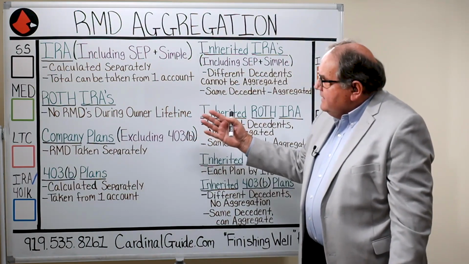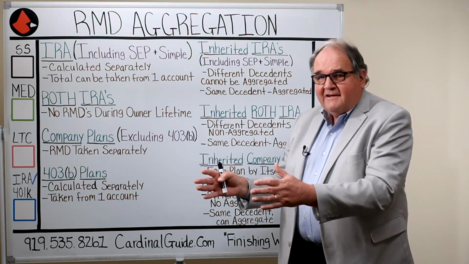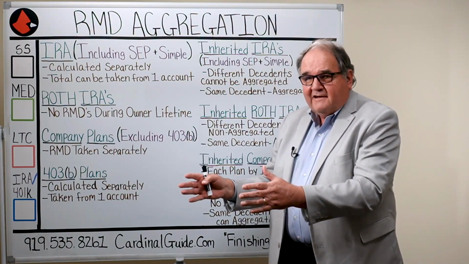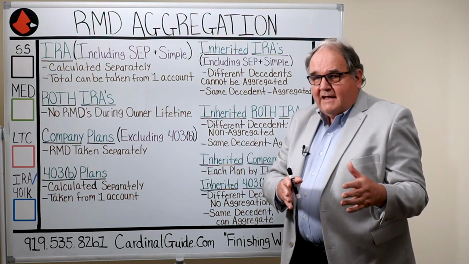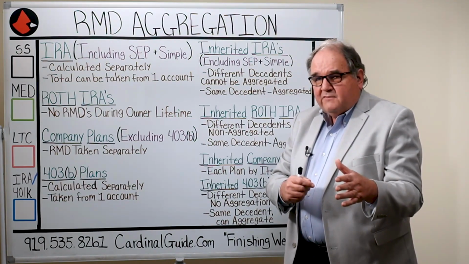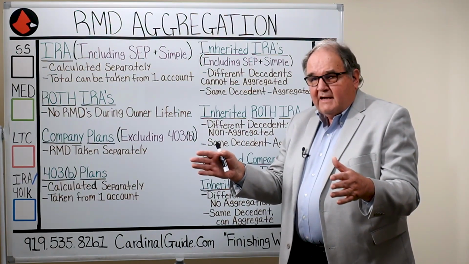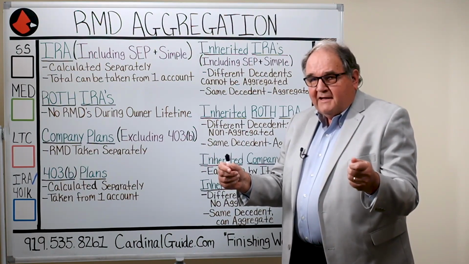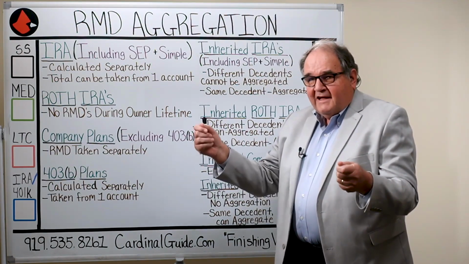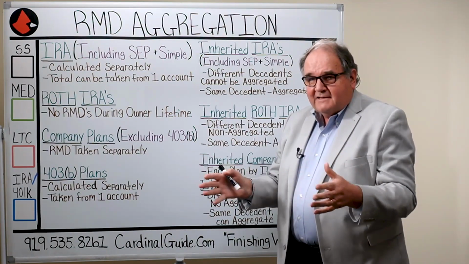In other words, if you have a traditional, pre-tax IRA, and you're 73, and you also have a 401k, you have a minimum distribution for the 401k and a minimum distribution for the IRA. You've got to pull out the correct amount of money out of the 401k and out of the IRA. You can't mix and match those things.